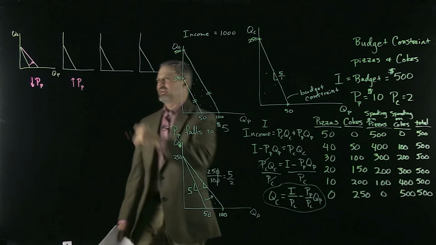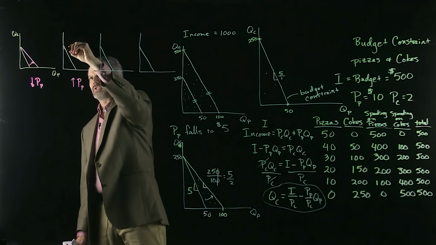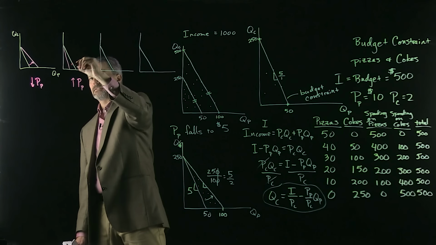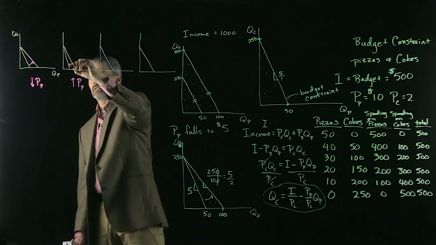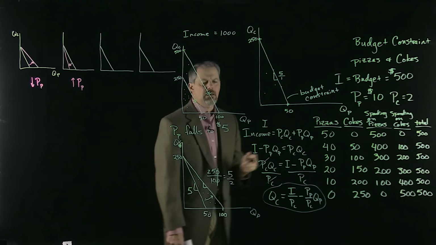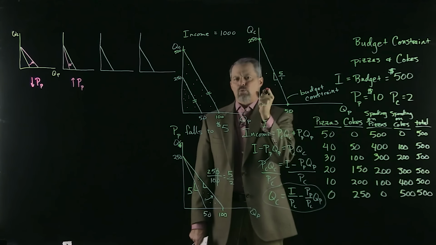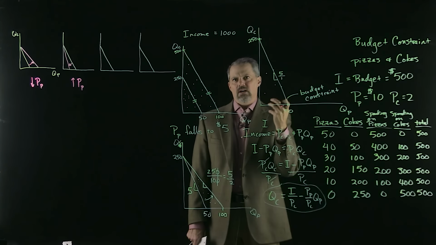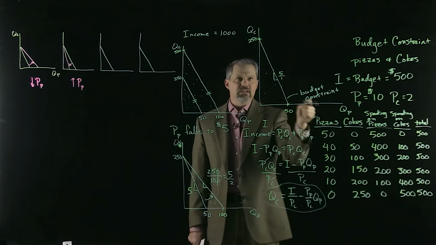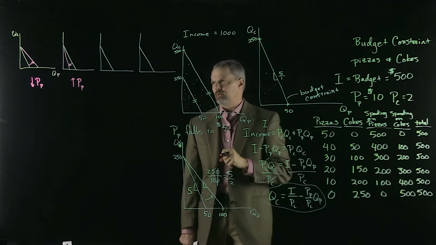Well, in this case, it's going to pivot our budget constraint in just like that. It's going to cause us to be able to afford fewer bundles than before. I'm using the word bundle here to refer to some combination of pizzas and Cokes, so don't be confused by that.